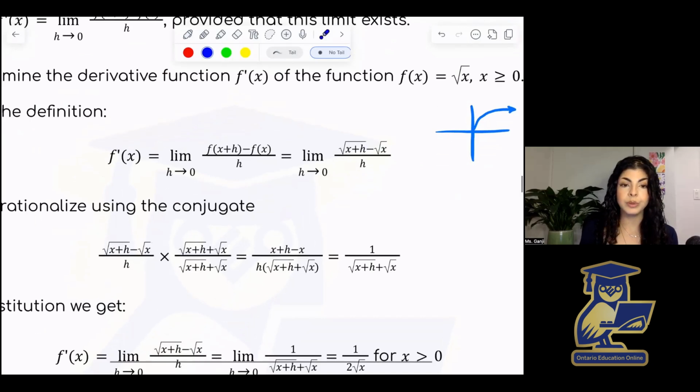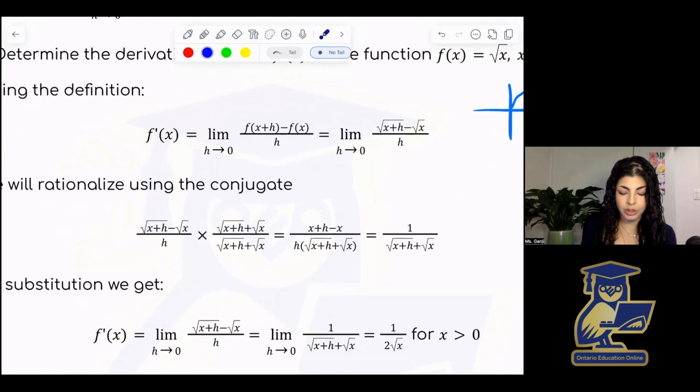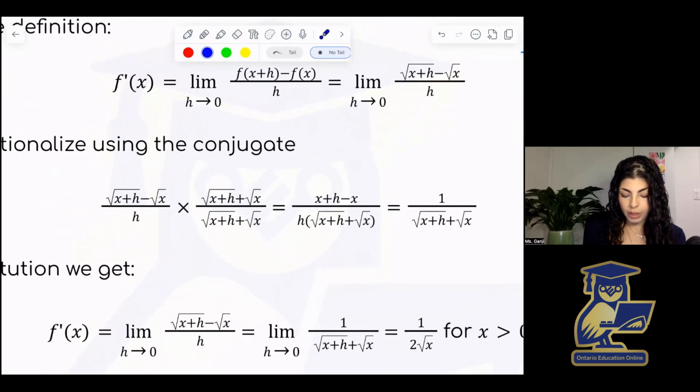And those square roots always tell me to work with a conjugate, so we're going to rationalize using that conjugate. So the conjugate now is that first term, square root of x plus h. Because here was a subtraction, now we have an addition, and square root of x stays the same. So square root of x plus h plus square root of x.